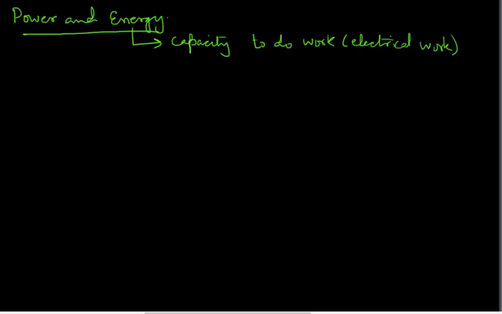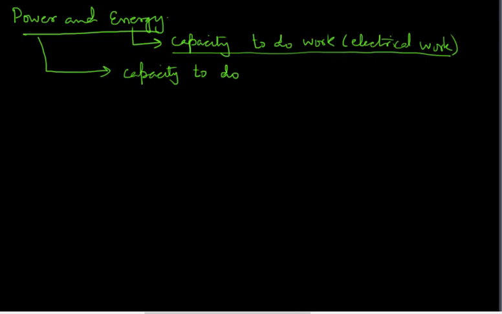What is power? Power is simply the capacity to do work per unit time. So power is simply this whole thing divided by time. So I can say power is capacity to do work per unit time. And let me put it in a slightly different way. Let me give it a mathematical definition.